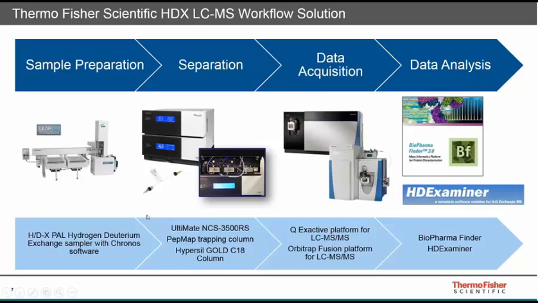Here we have then the UltiMate NCS-3500RS pump, followed by 2 examples of mass spectrometers representing the Tribrid and the Q Exactive family, and lastly 2 icons of software for data analysis. So now let's review these different modules in more detail, starting with the autosampler.